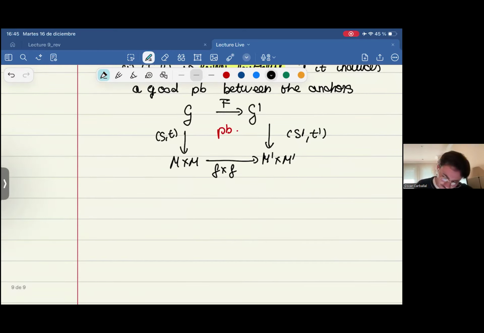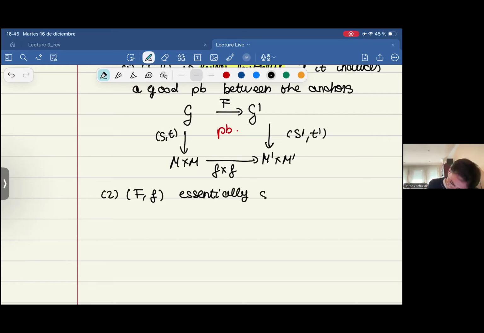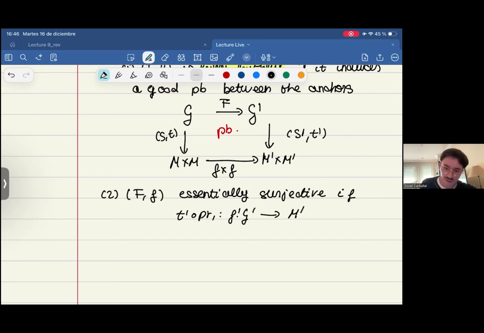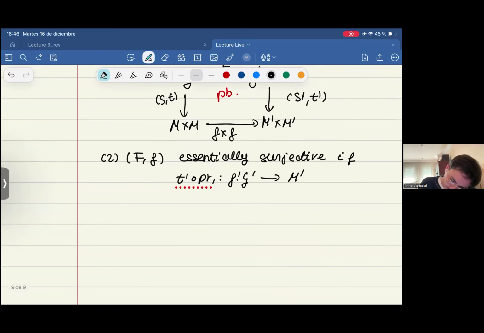Okay. And the second definition is that we say that this is essentially surjective if this thing here is a surjective submersion, right?